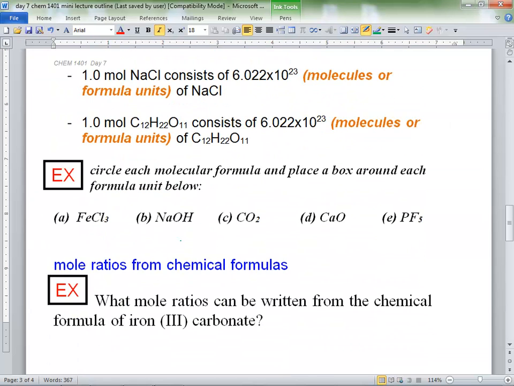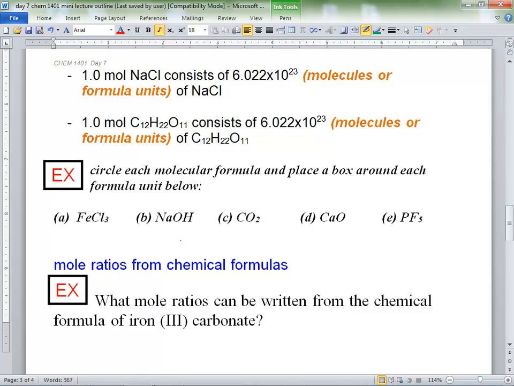Some more terminology. 1 mole of sodium chloride consists of Avogadro's number, 6.022 times 10 to the 23rd, molecules or formula units of sodium chloride. What would you say, Diana? Formula units.